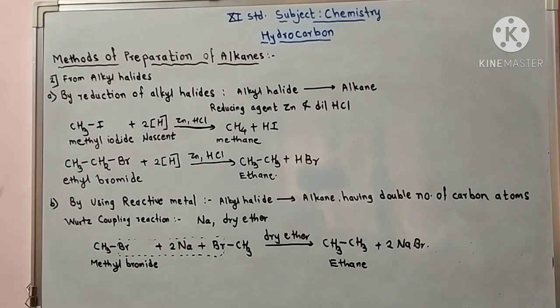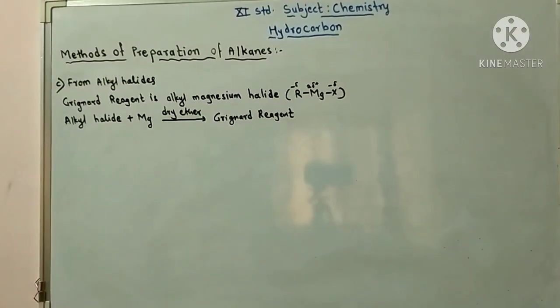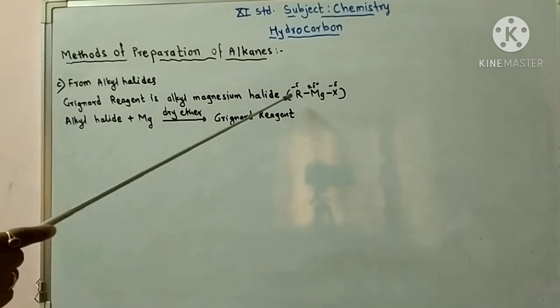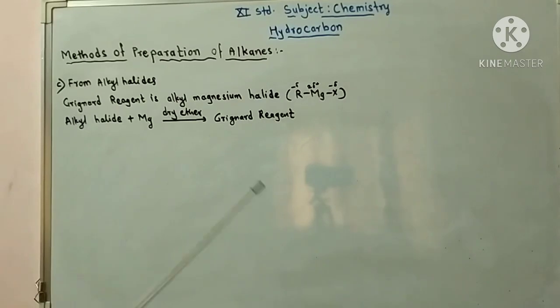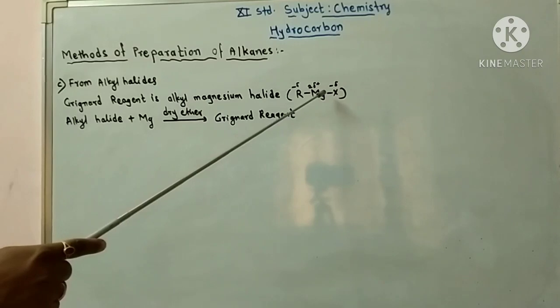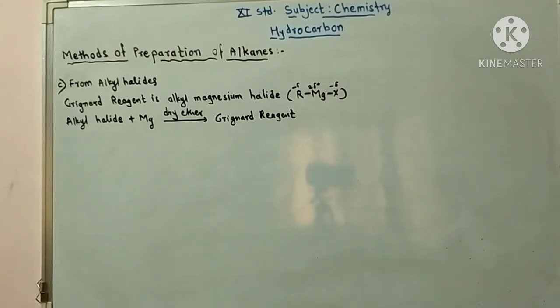number of carbon atoms. Alkane is also prepared from alkyl halides using Grignard's reagent. Grignard reagent is alkyl magnesium halide, which has the formula RMgX. So an alkyl group is attached to magnesium metal, and to this a halogen is also attached.